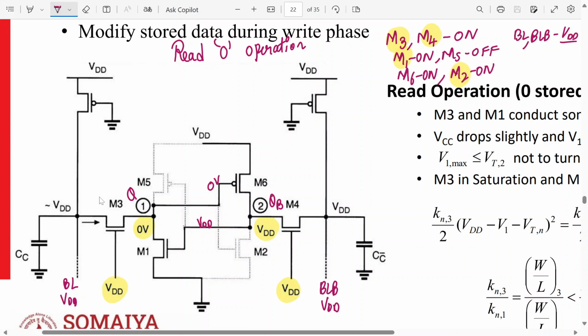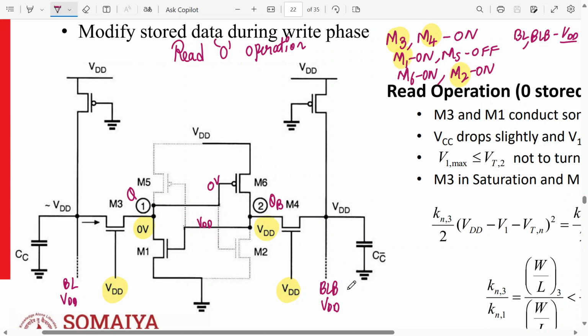Alright, so tell me now what will happen. We initially assume that 0 is stored in the cell. So voltage at Q is 0 and voltage at QB is VDD. And BL and BLB are VDD.